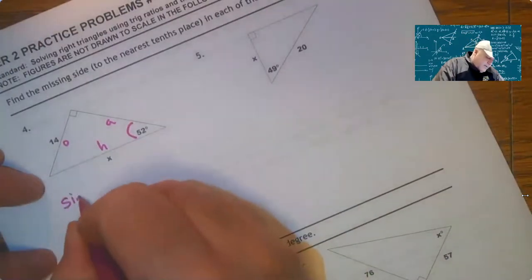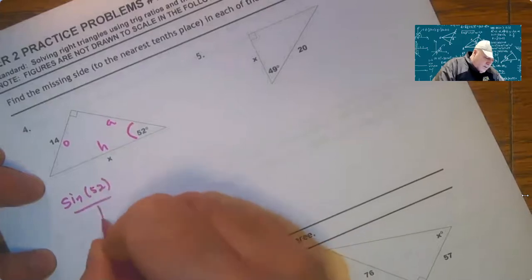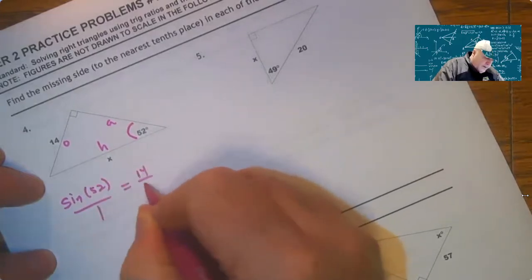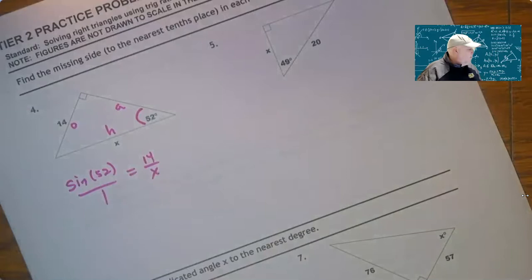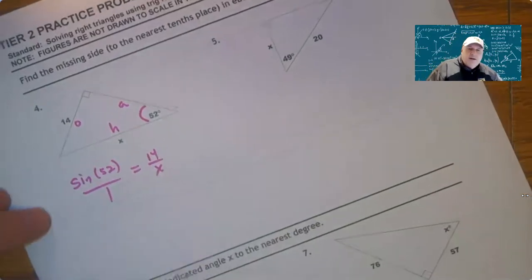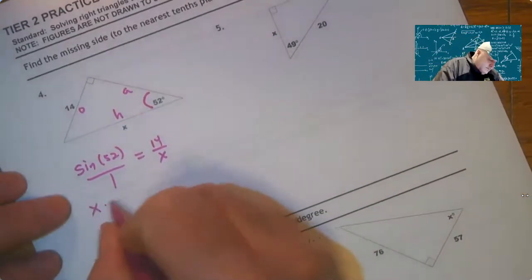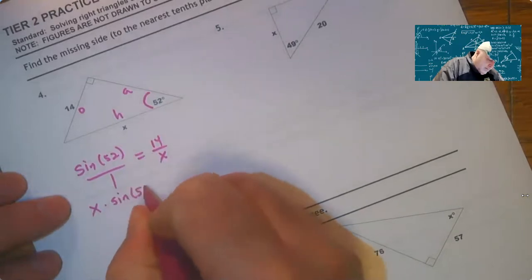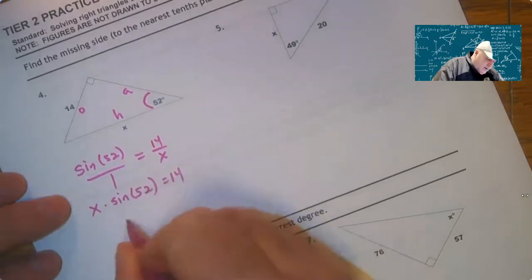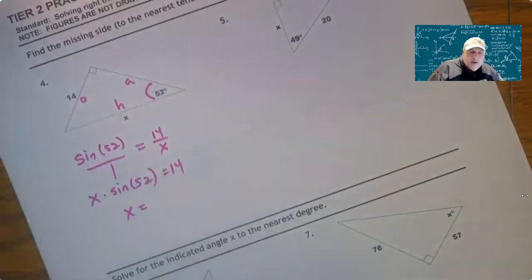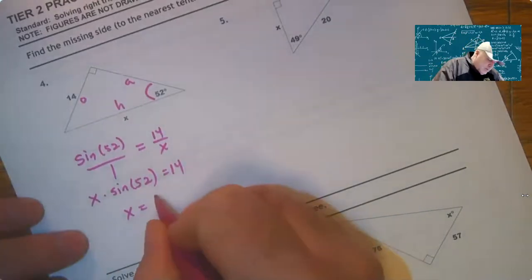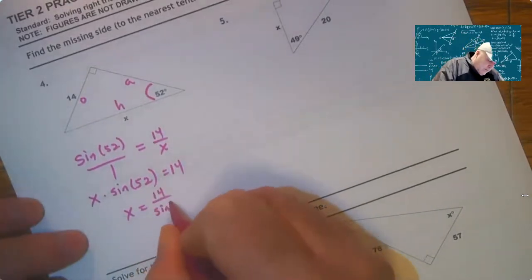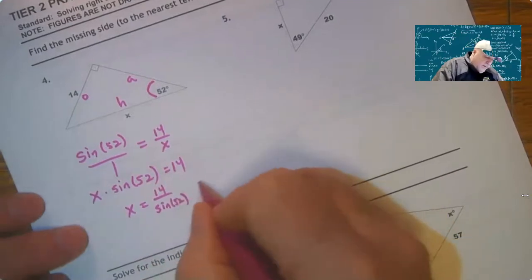So sine of 52 equals 14/x. And when you take the cross product and divide, X is 14 divided by sine of 52. And that is 17.8.